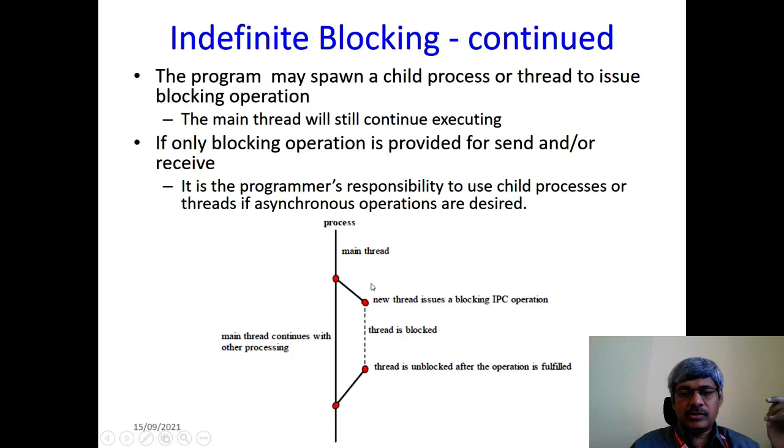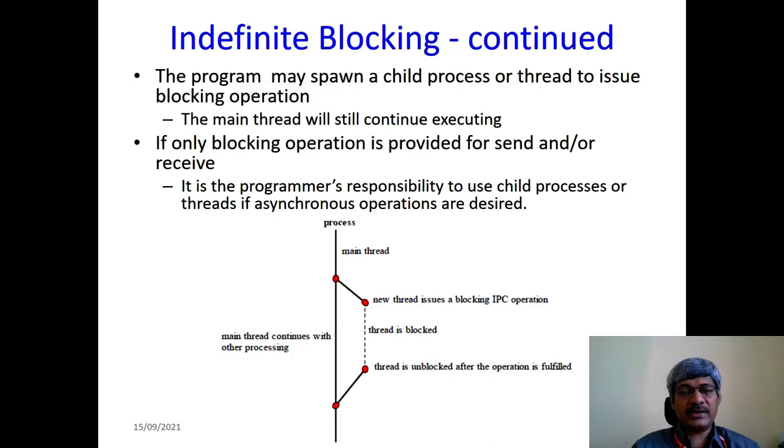So the importance of this is that it always depends on how the IPC is implemented. Say the IPC facility has provided you only blocking operations for both send and receive, but you want to achieve asynchronous operations. How will you do it? Then it is up to the programmer's responsibility.